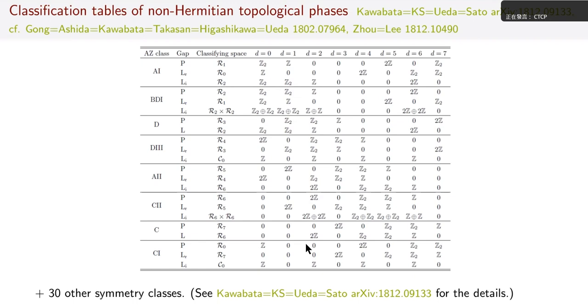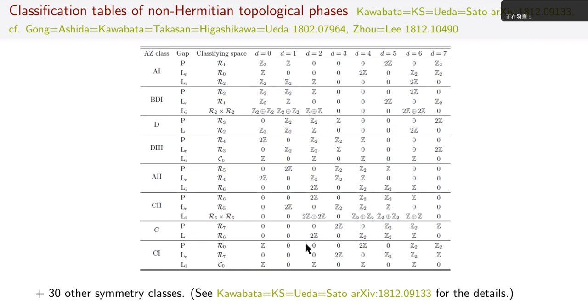Yes, so as I said, we have the Hermitianized Hamiltonian with the same additional chiral symmetry. Sometimes this additional chiral symmetry combined with the original symmetry that we want gives a unitary symmetry.